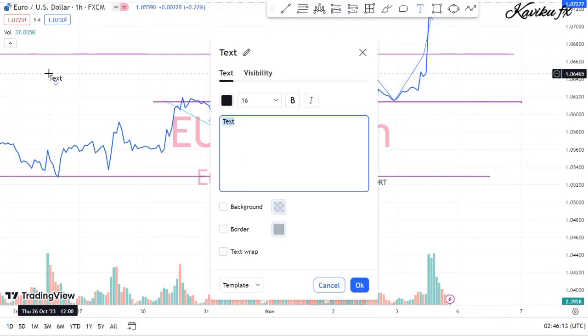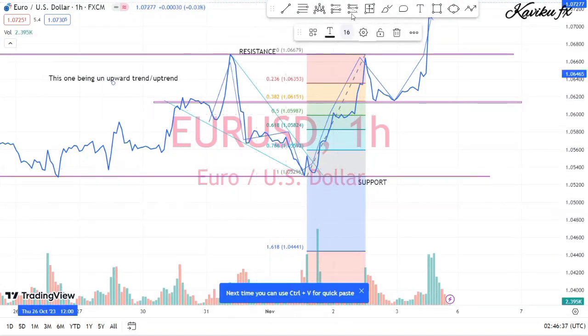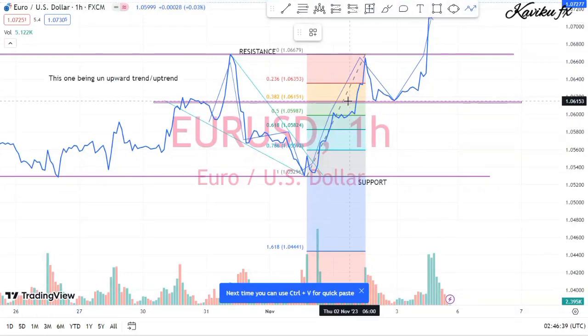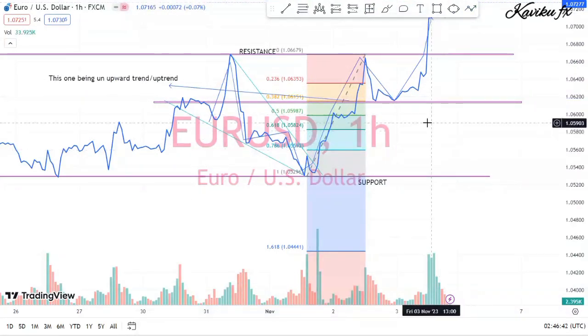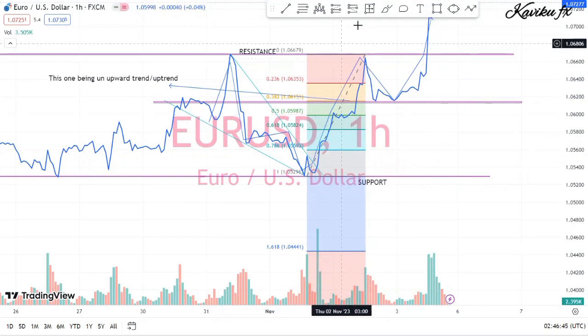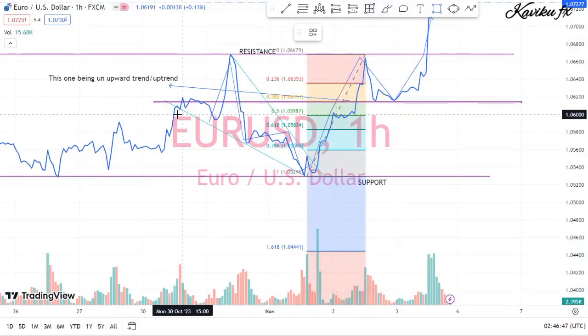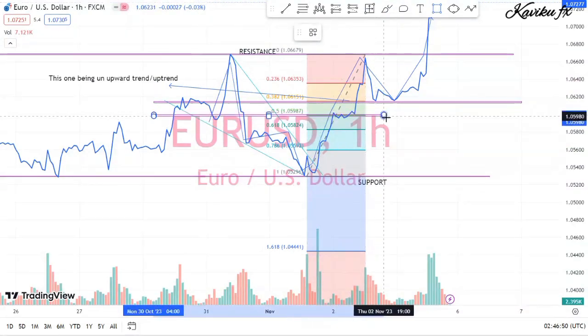This being an upward trend, or maybe uptrend. We can note it using an arrow so that you can see it so well. So Fibonacci is able to assist us in drawing the support and resistance, and also the retracements.